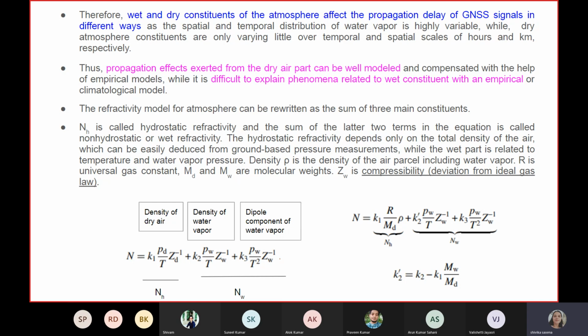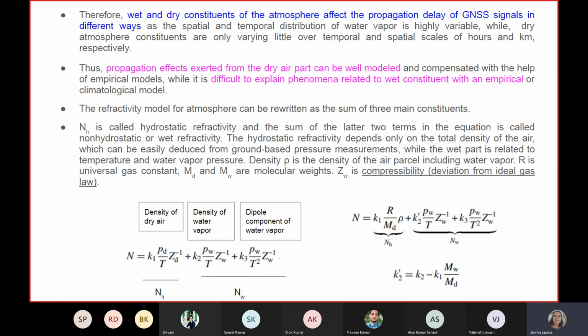This portion is accounted for by hydrostatic refractivity. So hydrostatic, wherever the term comes, it means we are talking about the dry portion of the atmosphere. Hydrostatic means the water is not moving in that portion, so automatically it means the dry portion.